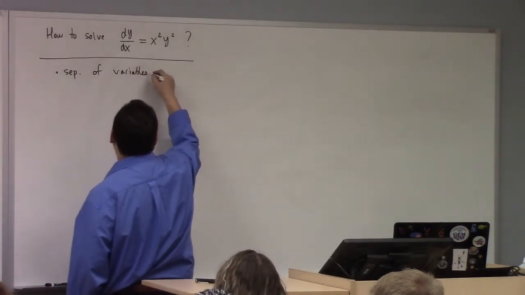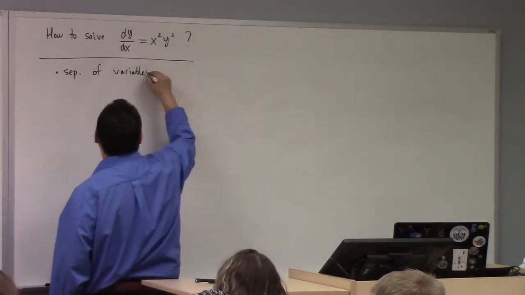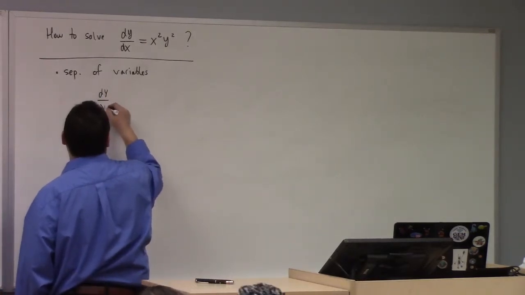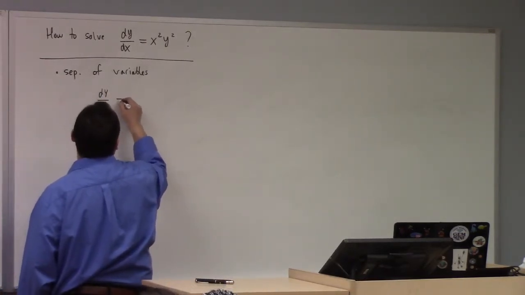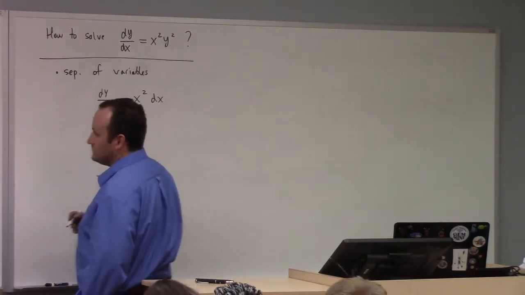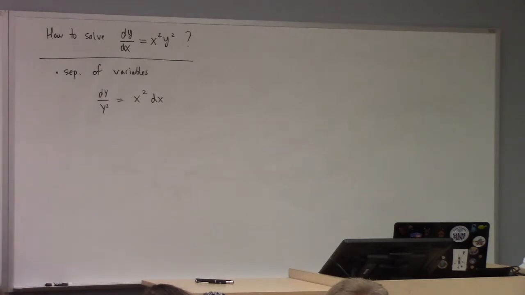All right, so this gives me dy over y squared equals x squared dx. And then what do we do? I mean, integrate both sides is the answer.